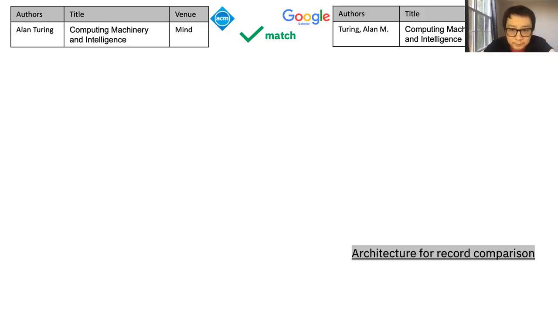Here's our solution. First, we perform schema matching to pair up attributes that we want to compare against. For this simple example, since they have the same schema, we can pair up authors with authors, title with title, and venue with venue from the two records.